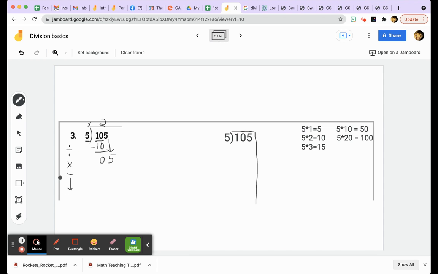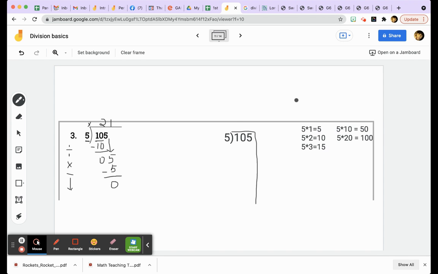Well, I'm going to go back to my first step, and I'm going to divide. 5 goes into 5 1 time. Multiply back. 1 times 5 is 5. Subtract. 5 subtract 5 is 0. Well, there's nothing left to bring down, so I have my quotient of 21.